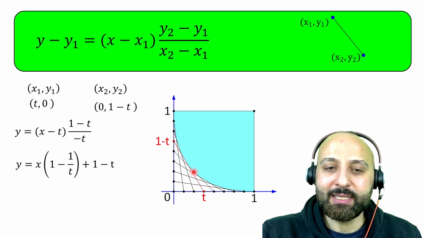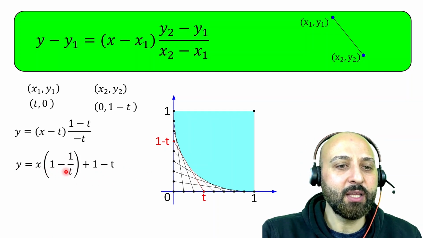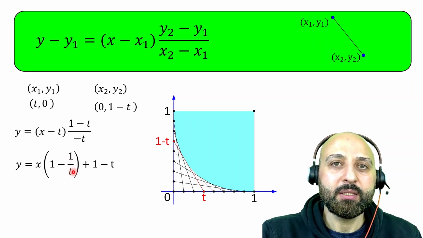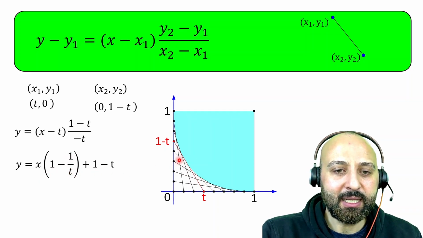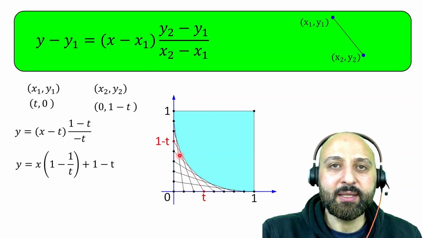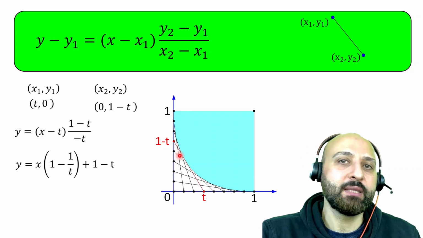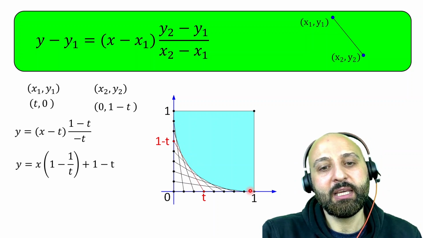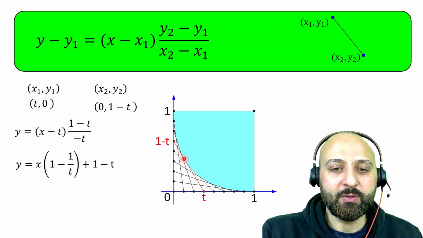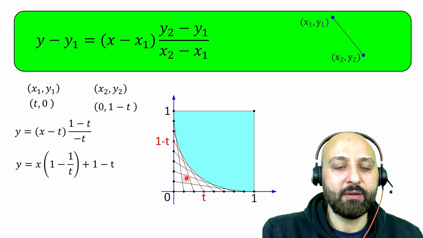So we know that the slope of this line is 1 minus 1 over t. But we don't know exactly at which point this line is tangent to this curve. If I know that, then obviously we know the slope, we know the point, and we can find the equation of this line. But first we have to find at which point this line is tangent to the curve.